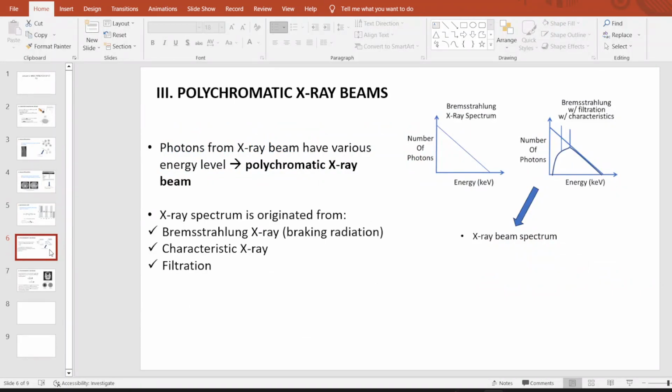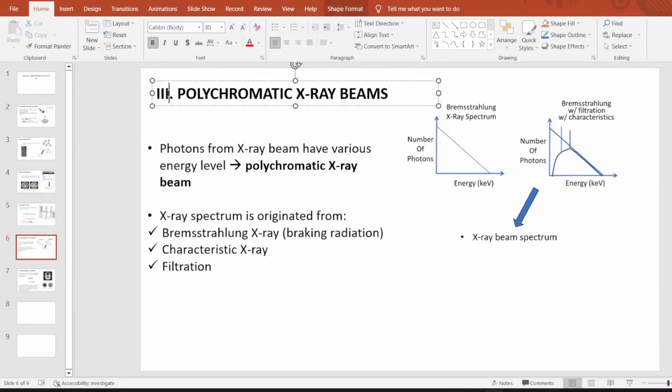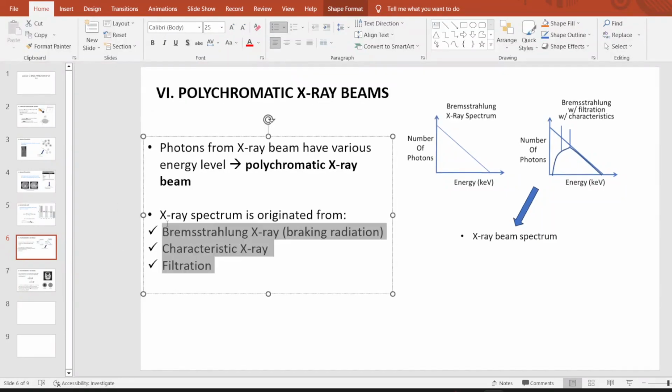So we go into the polychromatic X-ray beam. It's part 6, I'm sorry. The polychromatic X-ray beam is also one of the fundamental definitions that you need to remember. This section may confuse you, but we take it slow, okay?